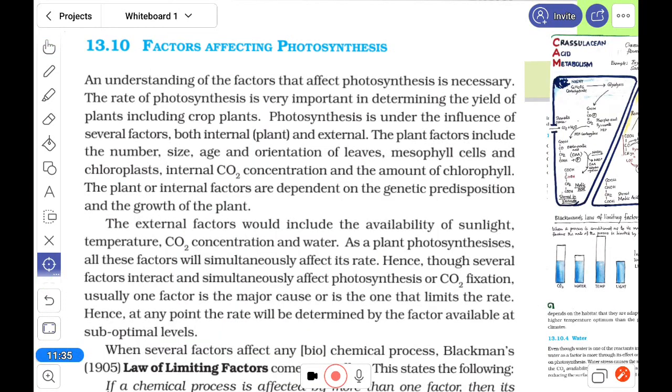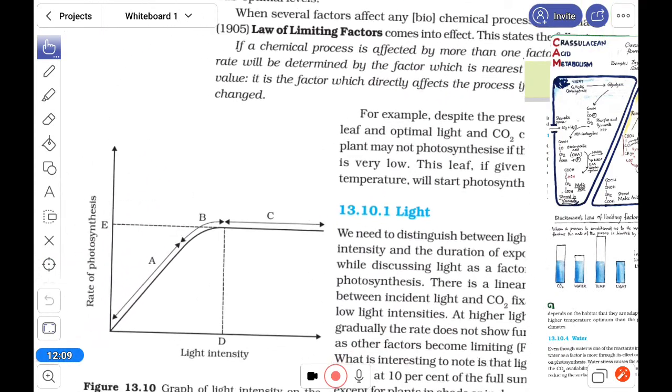Next, factors affecting photosynthesis. Photosynthesis is a very complicated process, and the various factors, carbon dioxide, light, temperature, water, are basic requirements. For light, it is already told that far red and red light are used, but the intensity we can see in this graph.